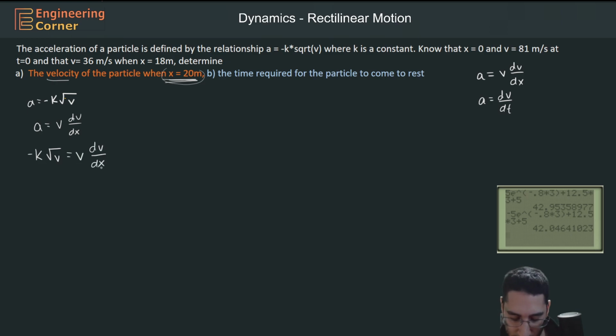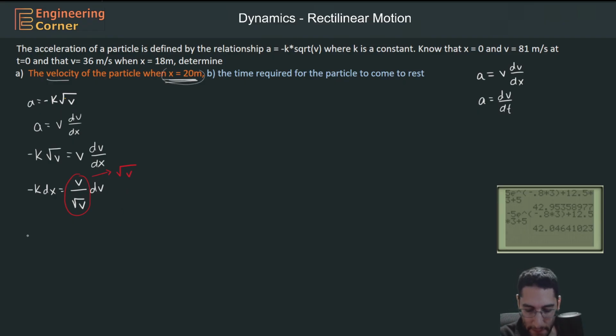So now we have to get our variables together. Minus k dx is equal to v over the square root of v dv. Well, this will simplify to the square root of v.